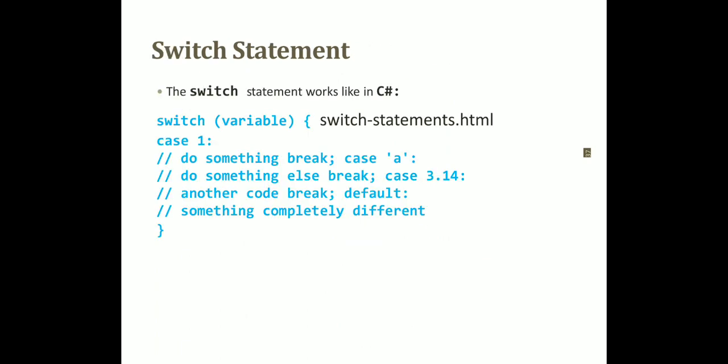Then the switch statement. We know that we use it with cases and some default case. If there are more things to do, like do something, break, that will be case A. Do something else, break, that will be for case 3.10, like another code, break, default, and something completely different.